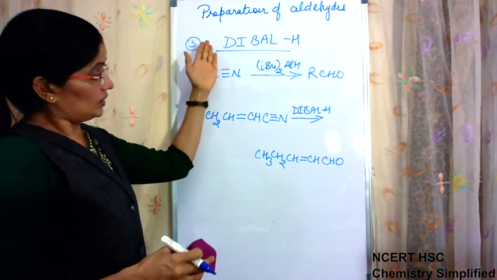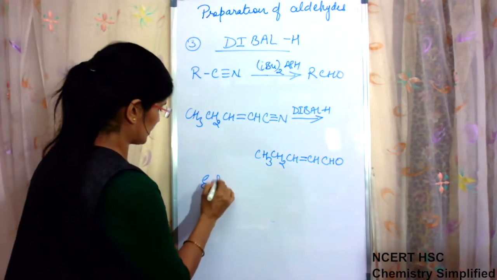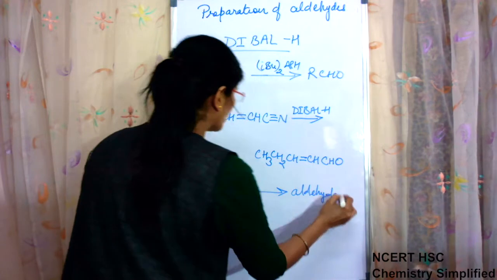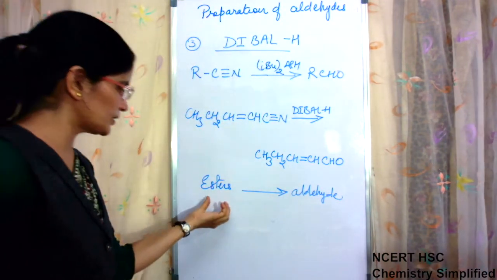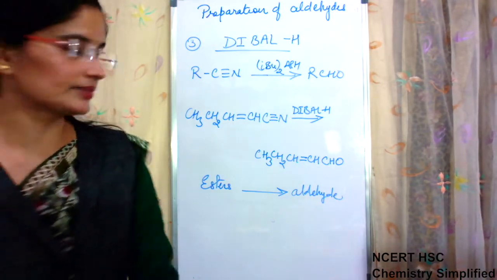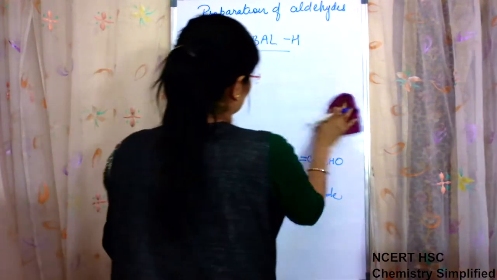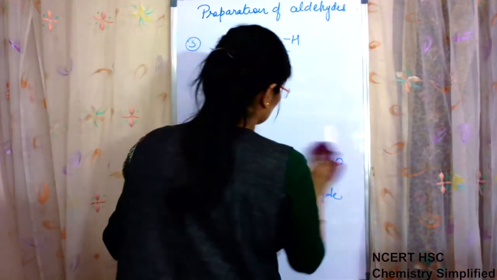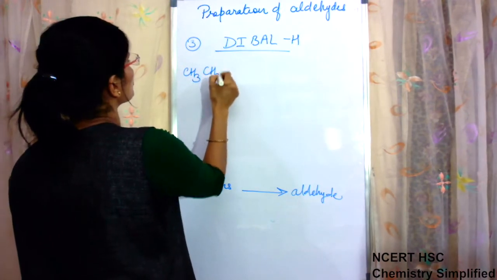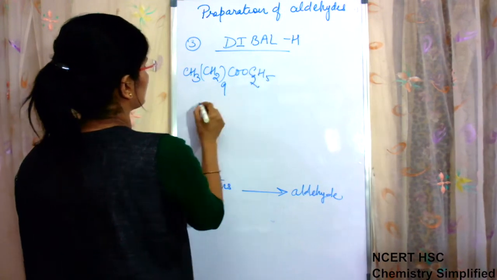Now, this DIBAL-H can also be used to convert esters into aldehyde. Not only nitriles, the same reagent can convert esters also into aldehydes. Let us see the reaction for that. CH3, CH2 whole 9, COO, C2H5. This is an ester.